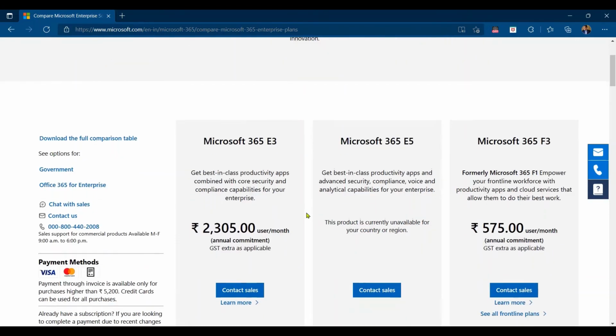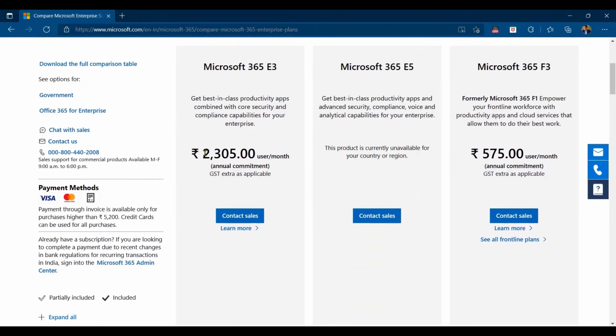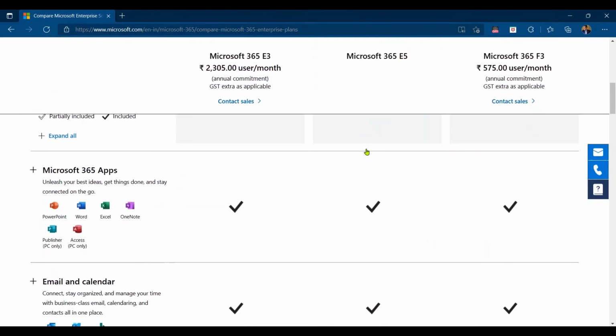The major difference is E3. The price used to be almost double. It says 2305 per user per month, and from what I have seen, E5 licenses are 4000 plus or 4500 per user per month.